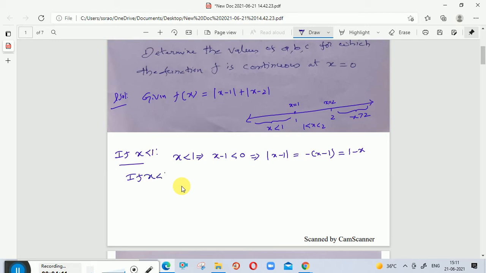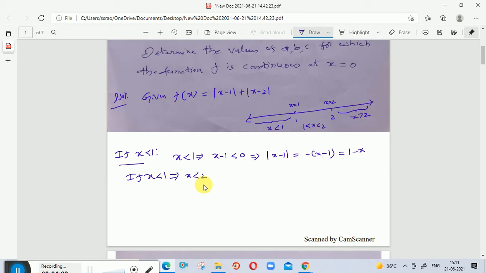If x is less than 1, that implies x is less than 2. That means when x value is less than 1, it will also be less than 2. So we have x is less than 2.